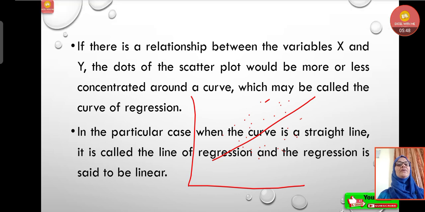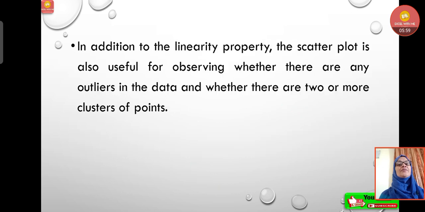In the particular case when the curve is a straight line, it is called the line of regression, and the regression is said to be linear. In addition to the linearity property, the scatter plot is also useful for observing whether there are any outliers in the data and whether there are two or more clusters of points.